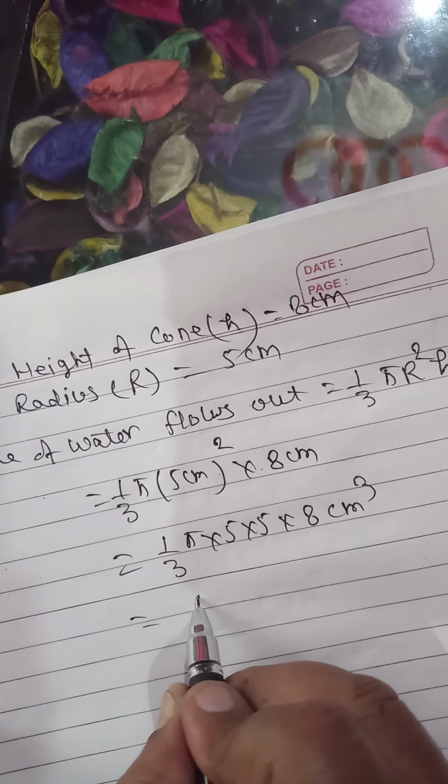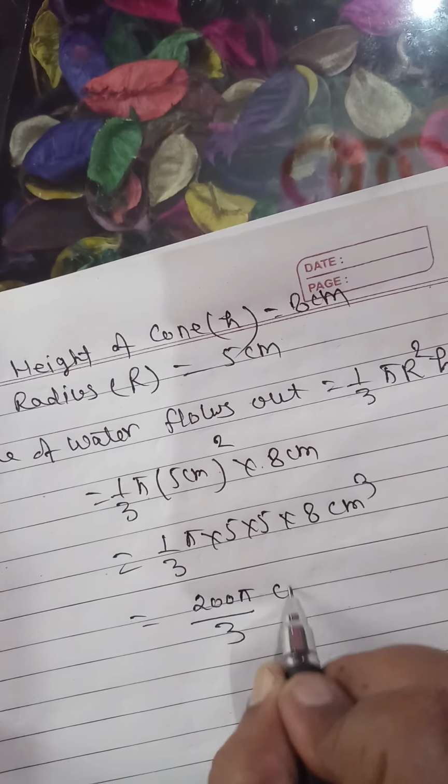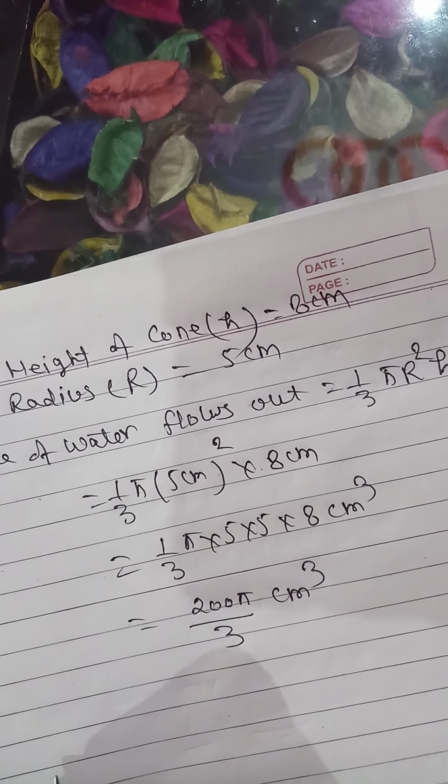Now multiplying, this is 200 pi upon 3 cubic centimeter.